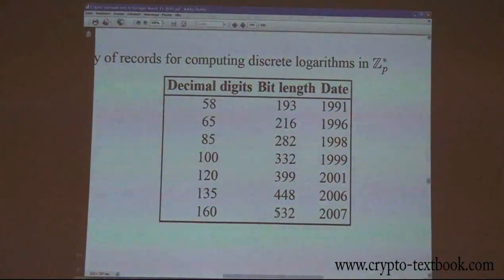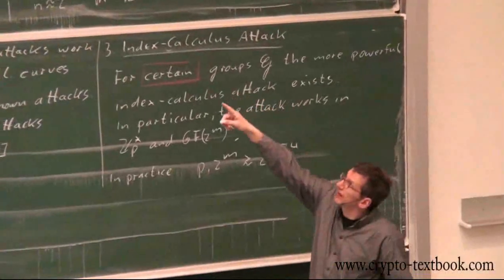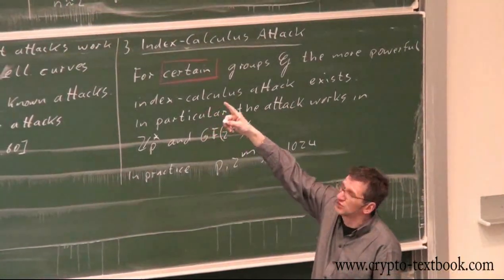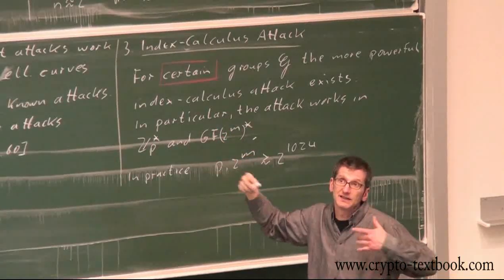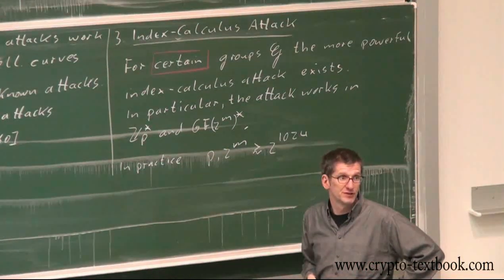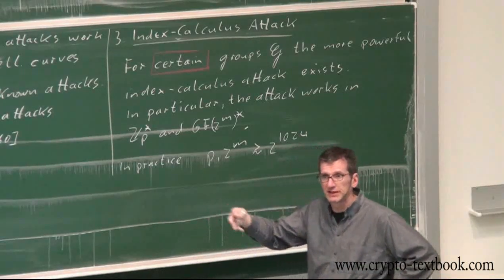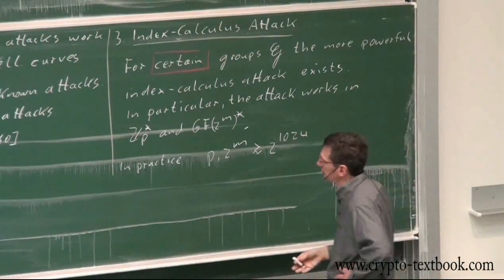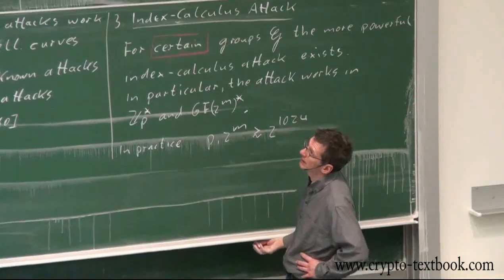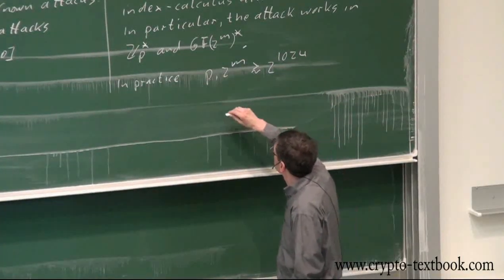You need at least 1024, because you see the record is 532. I assume the research community could do 600 or 650 bits if they really wanted to. And intelligence agencies probably can do a little bit more with more computer power and maybe somewhat better algorithms.